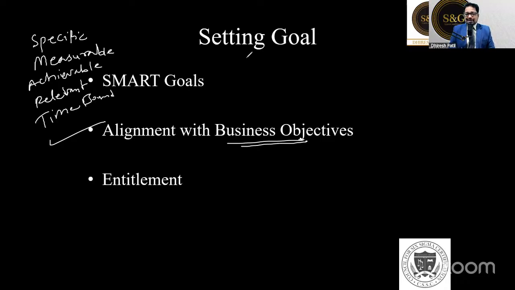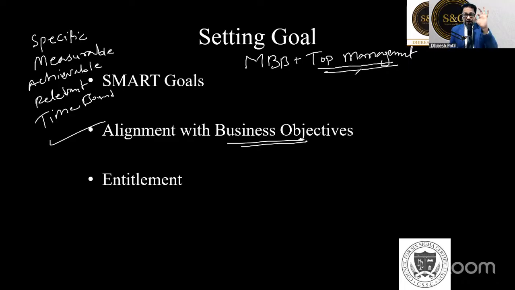We all know it is the master black belt plus top management. So top management's job is to check this alignment of the area or the gaps of the area.